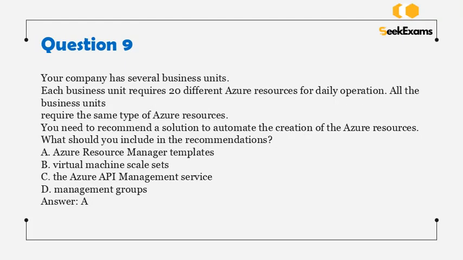Question 9. Your company has several business units. Each business unit requires 20 different Azure resources for daily operation. All the business units require the same type of Azure resources. You need to recommend a solution to automate the creation of the Azure resources.